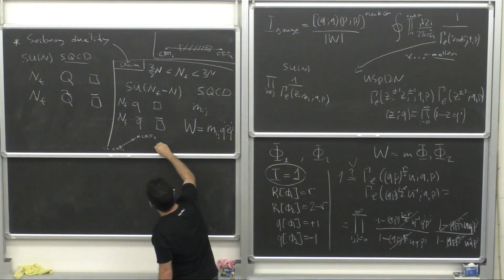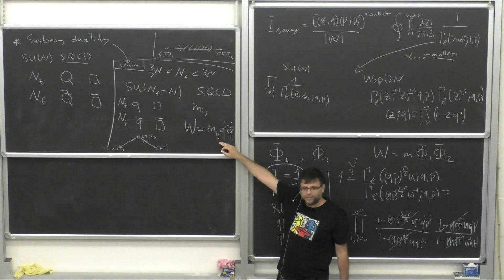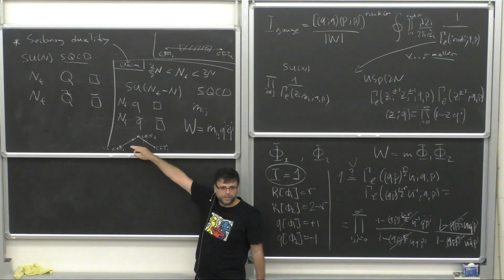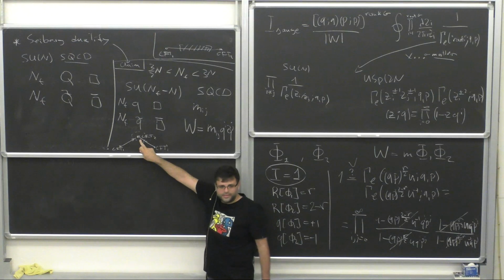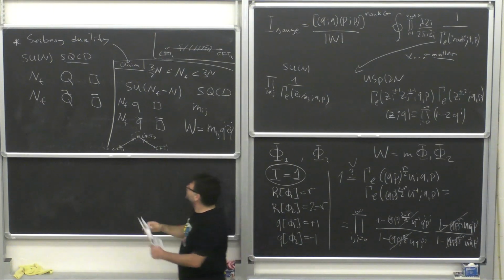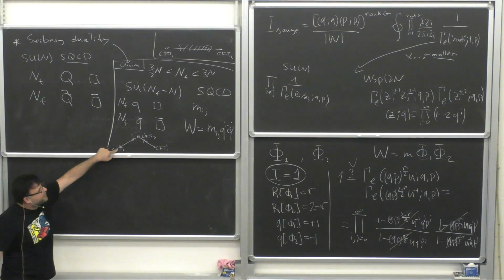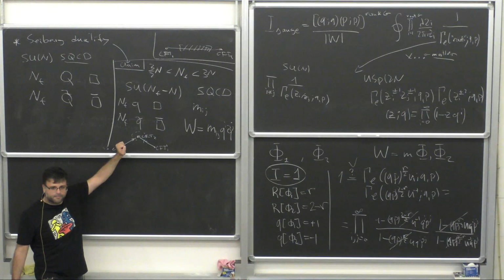And what this statement of Seiberg duality tells us is that this CFT1 prime flows to the same CFT2. Okay? So this duality argument doesn't tell us what this CFT is, but it tells us something else which is non-trivial, that there are two CFTs which flow to exactly the same CFT in the infrared.